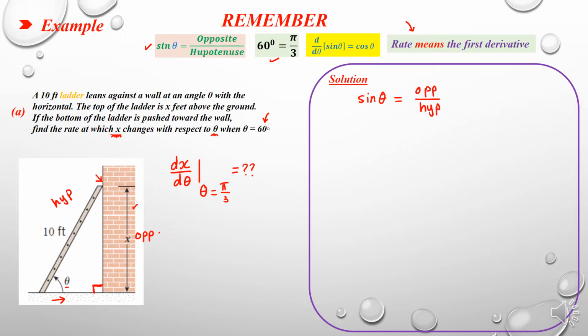So sine of theta equals the opposite, which is x, over the hypotenuse, which is 10. Here you have to cross multiply. So x times 1 is x, equals 10 multiplied by sine of theta.